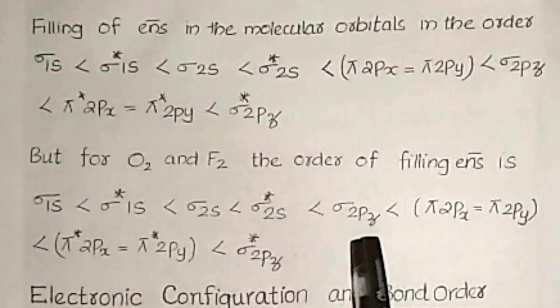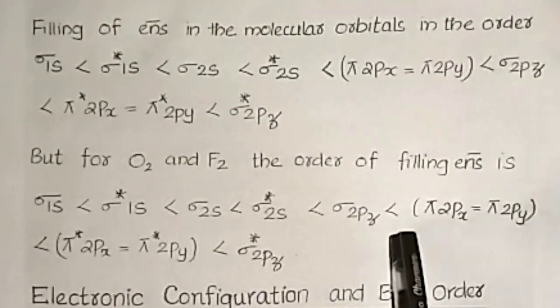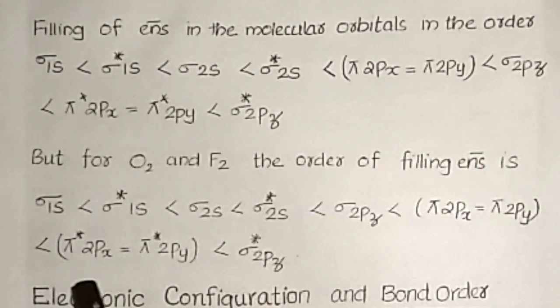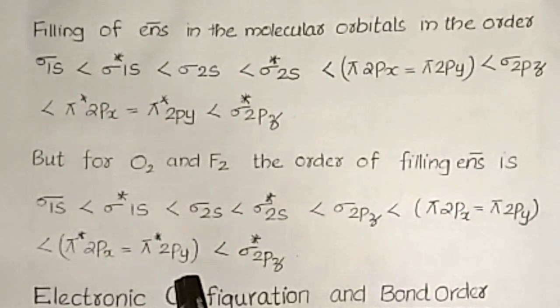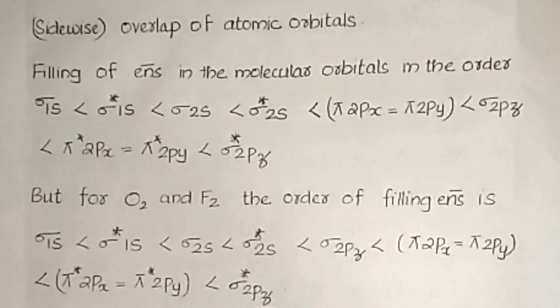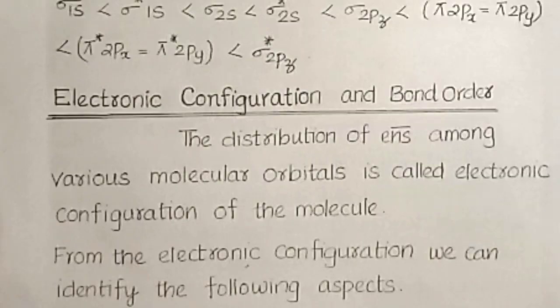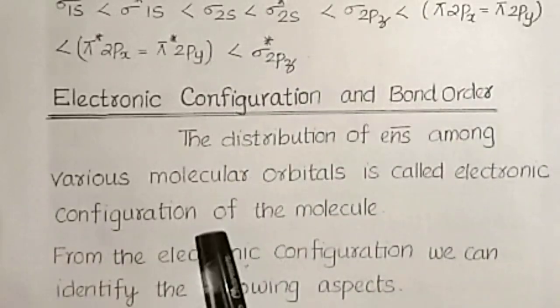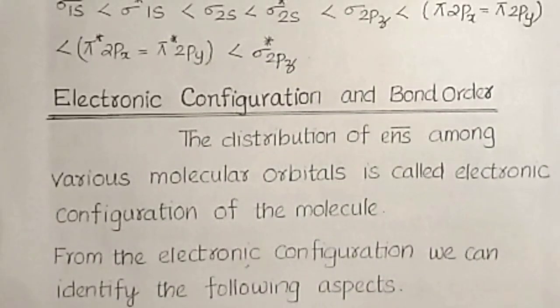So sigma 2pz comes first, then pi 2px equals pi 2py, then pi star 2px equals pi star 2py, then sigma star 2pz. Then we can fill the electrons in these molecular orbitals, that is the electronic configuration.